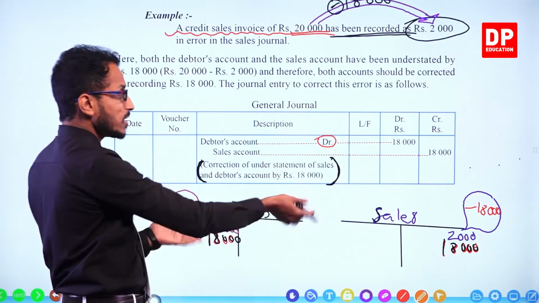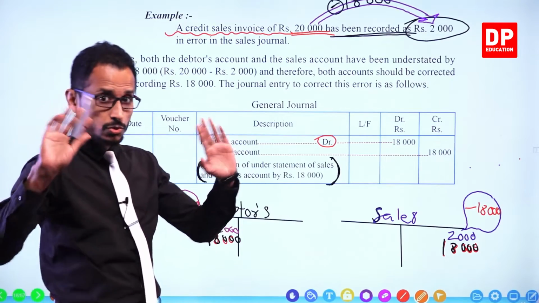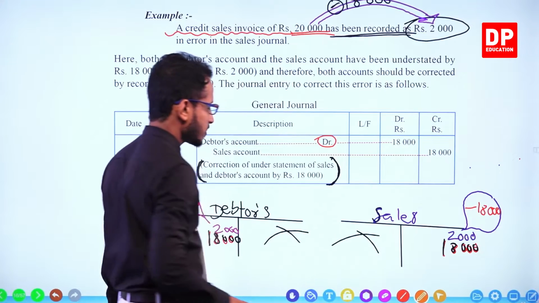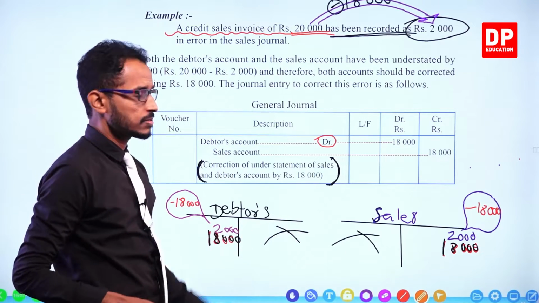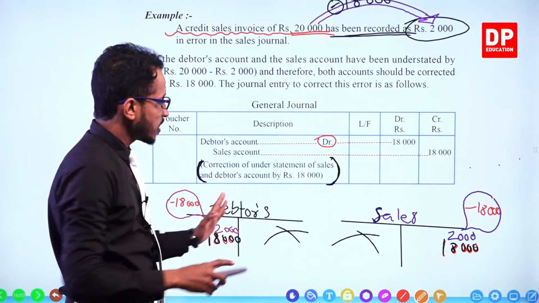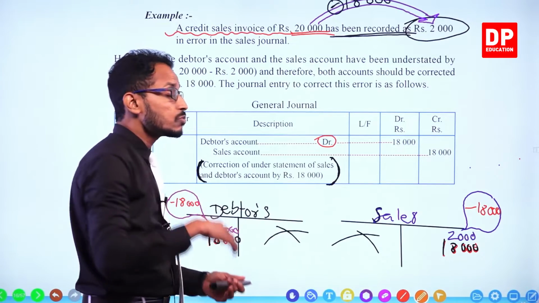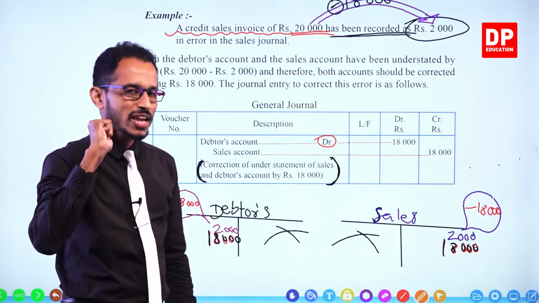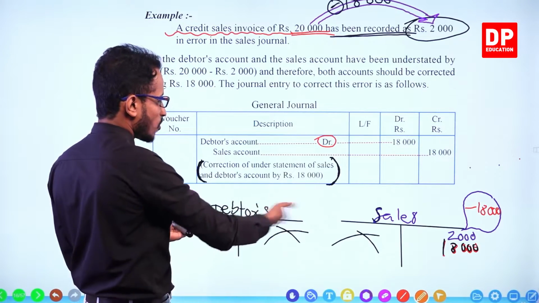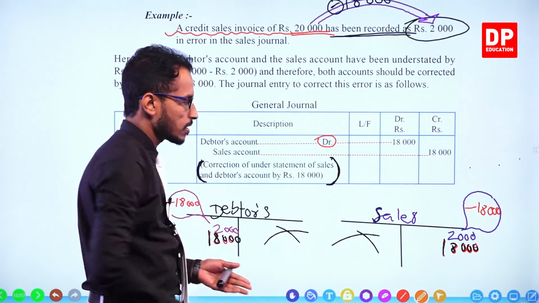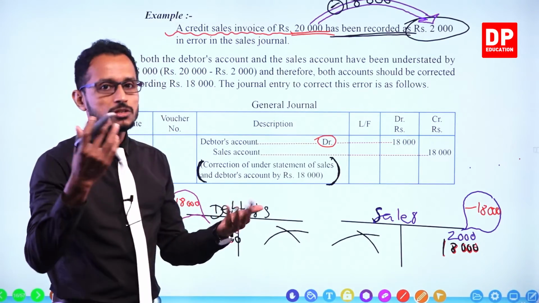You don't have to do the ledgers, children. You don't have to draw the ledgers and enter to correct the error. You just draw ledger accounts to figure out what to do. If you can draw small ledger accounts like this, it will be clear to you.